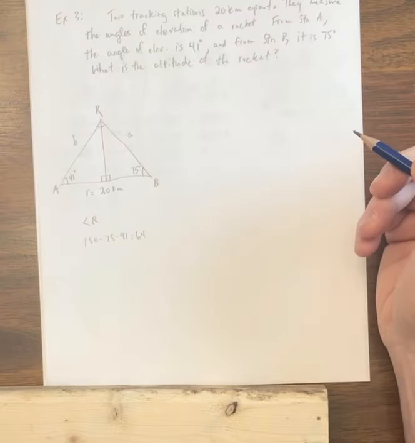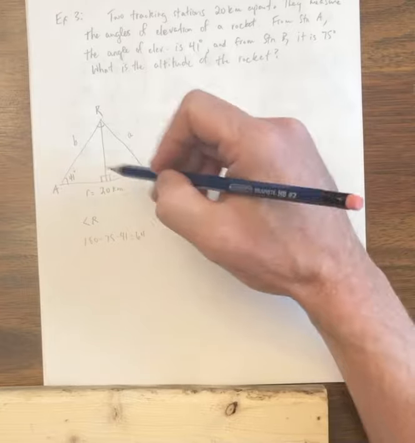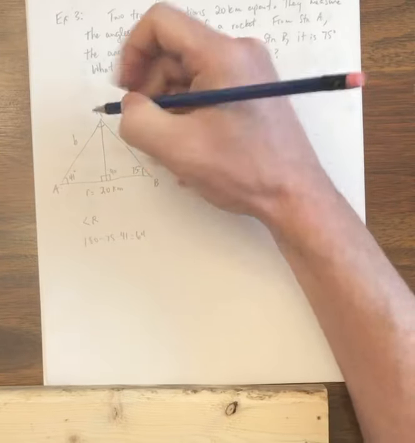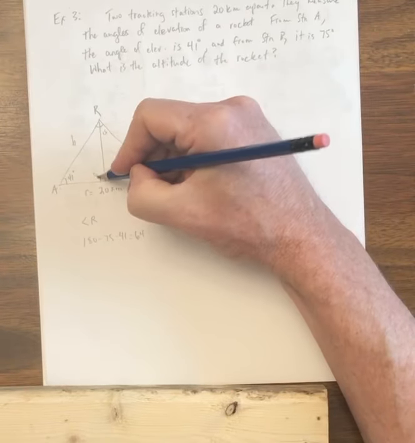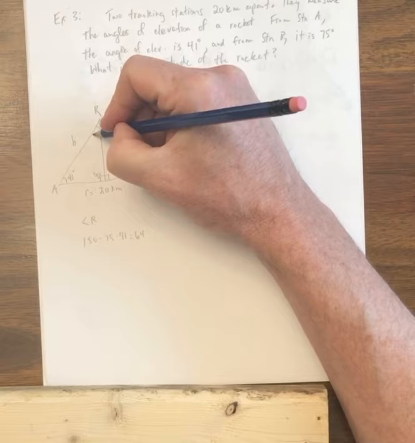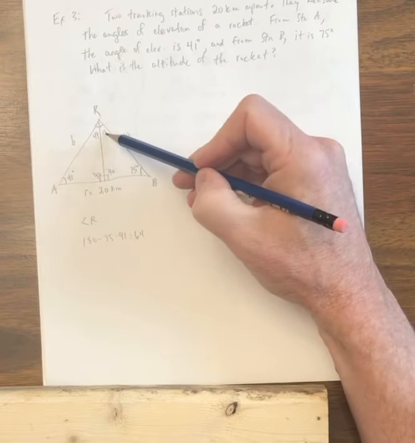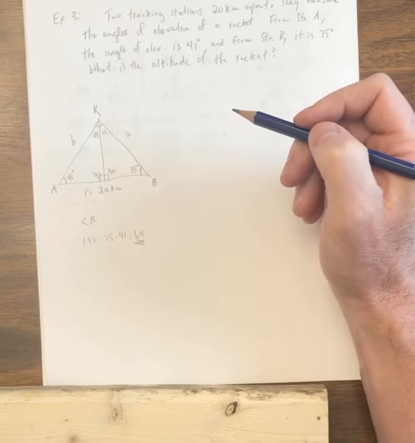If I also use our 180 rule for each of the small triangles, I know this is 90, 90, 75, and this would be 15, and 90, 41, and 49 is that angle. And of course, 49 plus 15 does give us 64 degrees in total.